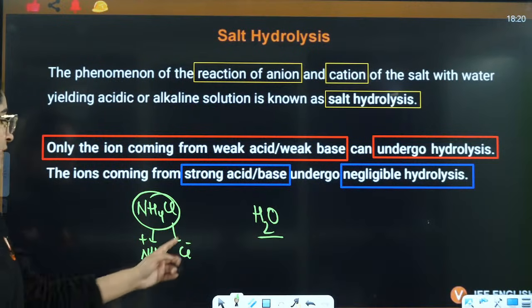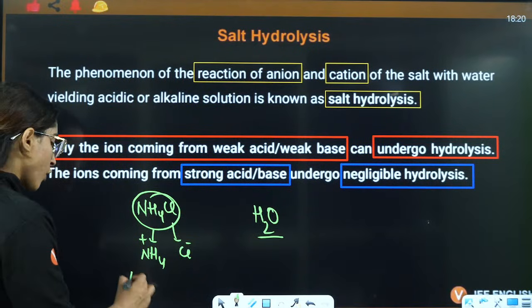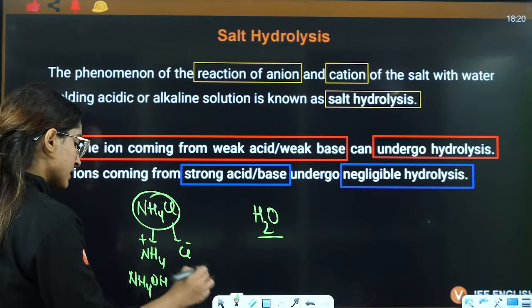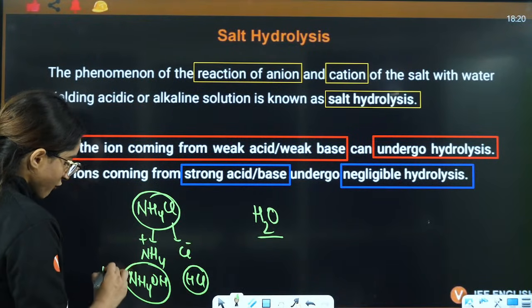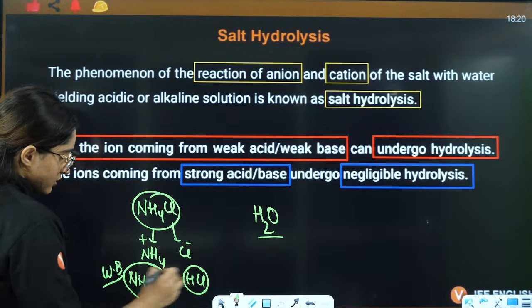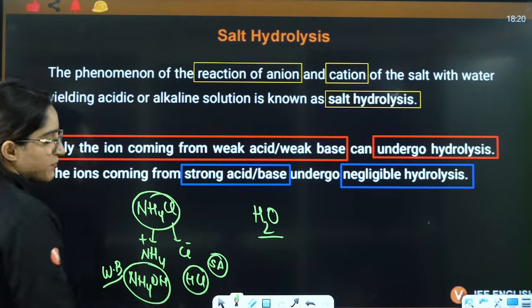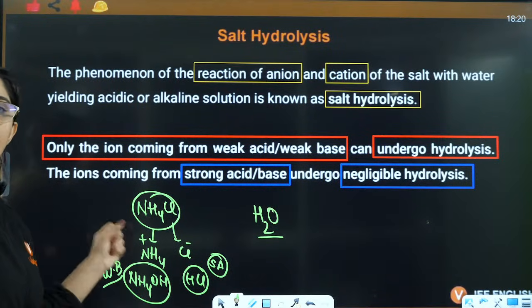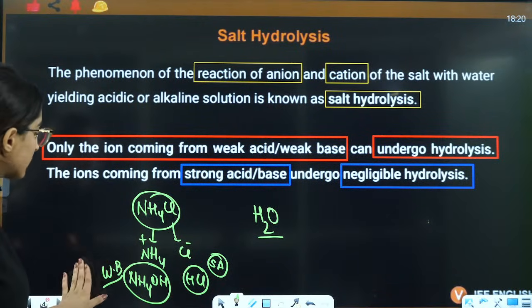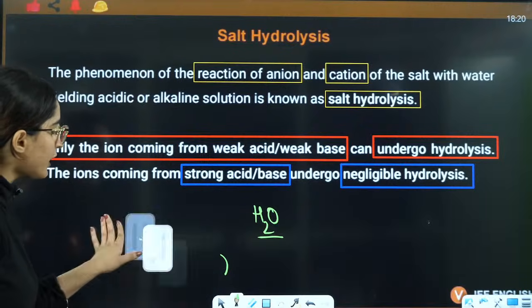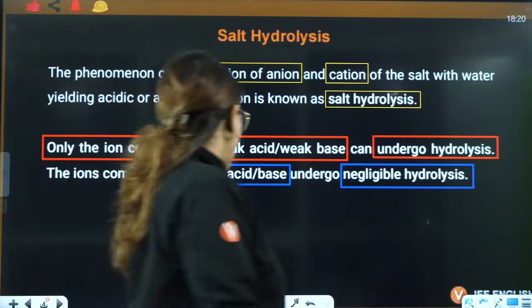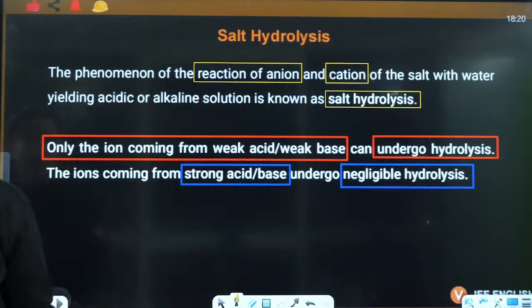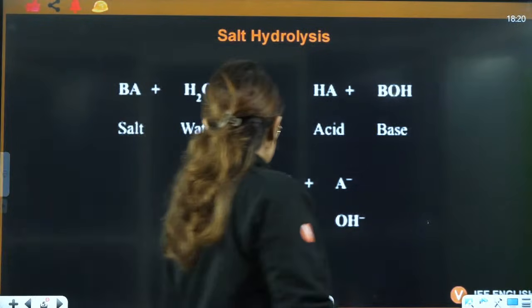In this case, it will form NH4OH and HCl. NH4OH is a weak base and HCl is a strong acid. At least one of them should be weak so that hydrolysis can take place. Otherwise, hydrolysis will not take place if both of them are strong. Right, everybody?